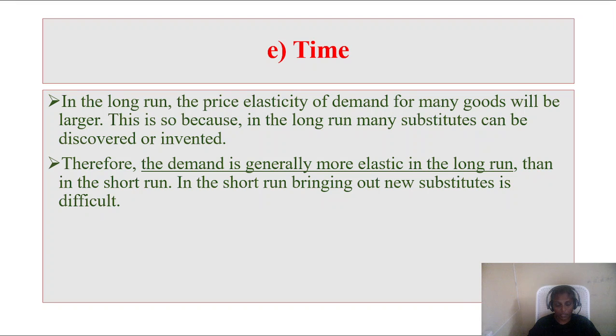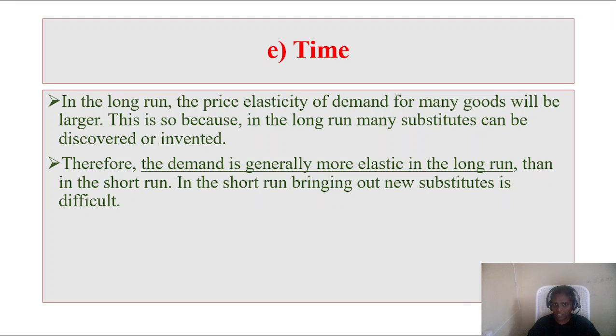That's how the producers or the sellers look into how prices and demand for their commodity behave. They do research and come to a conclusion in which period the demand will be elastic or inelastic, whether in the long run or the short run.